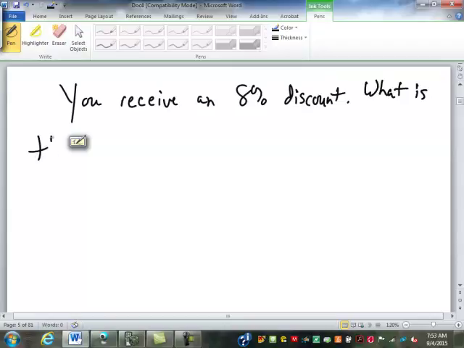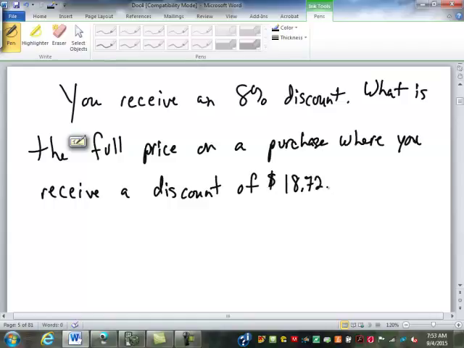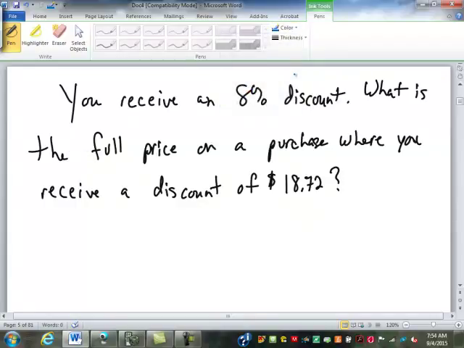What is the full price on a purchase where you receive a discount of $18.72? Okay. You guys kind of look at this, pick it out. In fact, let me give you about 2 minutes or so to try it in your notes, see if you can get everything set up, and then we'll talk about it.